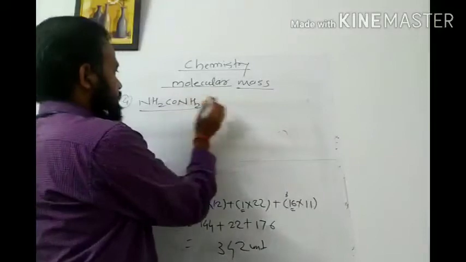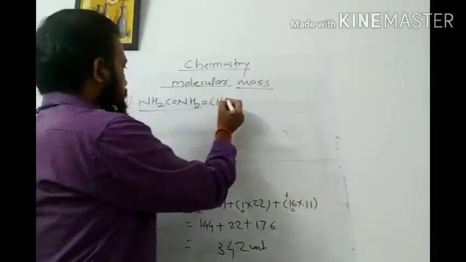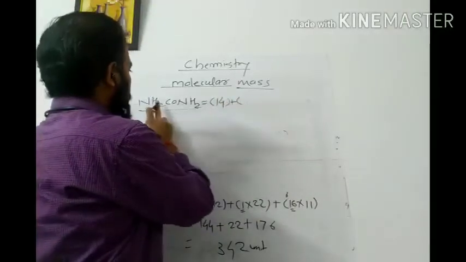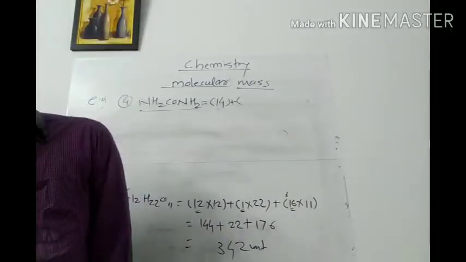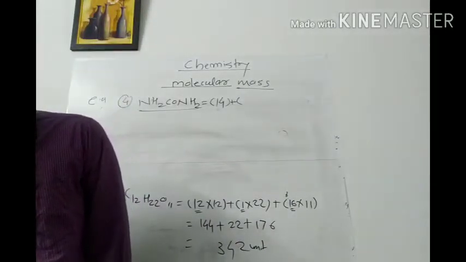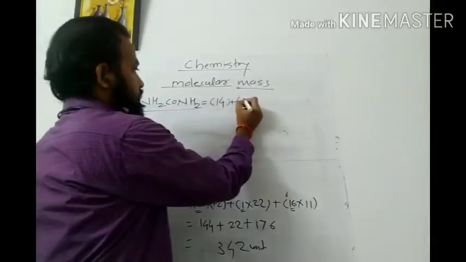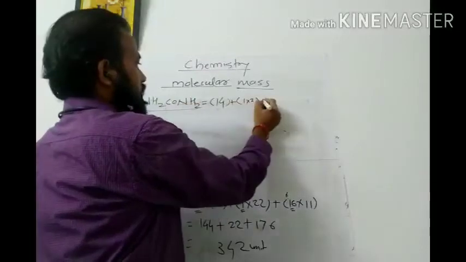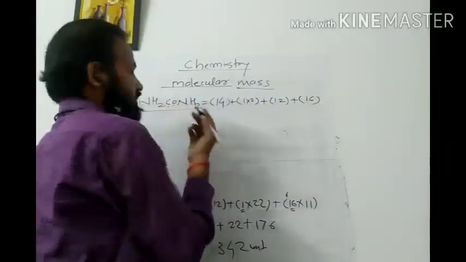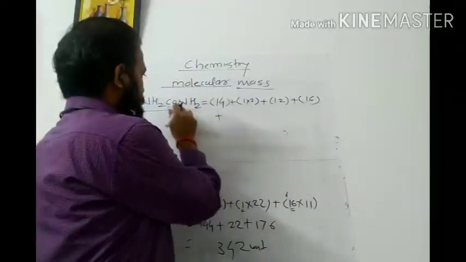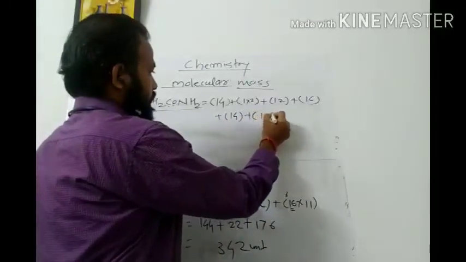If we calculate it, for nitrogen it is 14, plus 2 atoms of hydrogen, 1 into 2, plus for carbon it is 12, plus oxygen it is 16, only one single atom is there, plus again nitrogen plus 2 atoms of hydrogen.